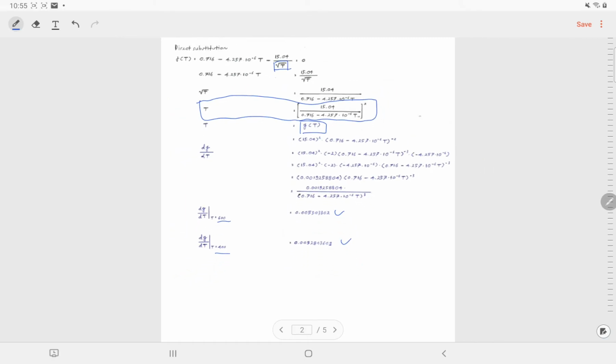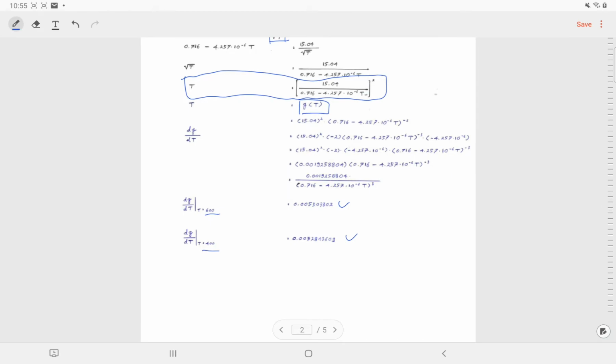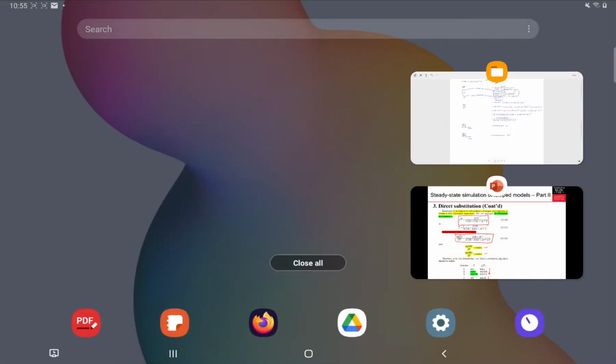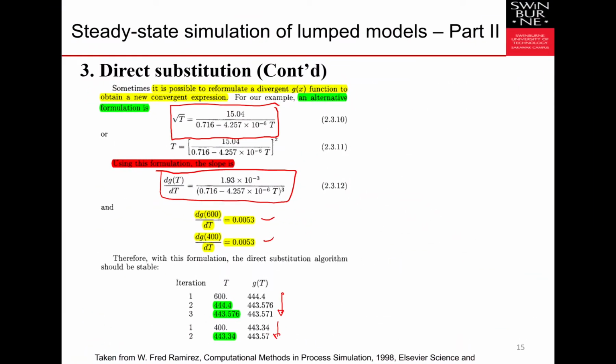So as a result, because the derivative will be less than 1, it will converge.